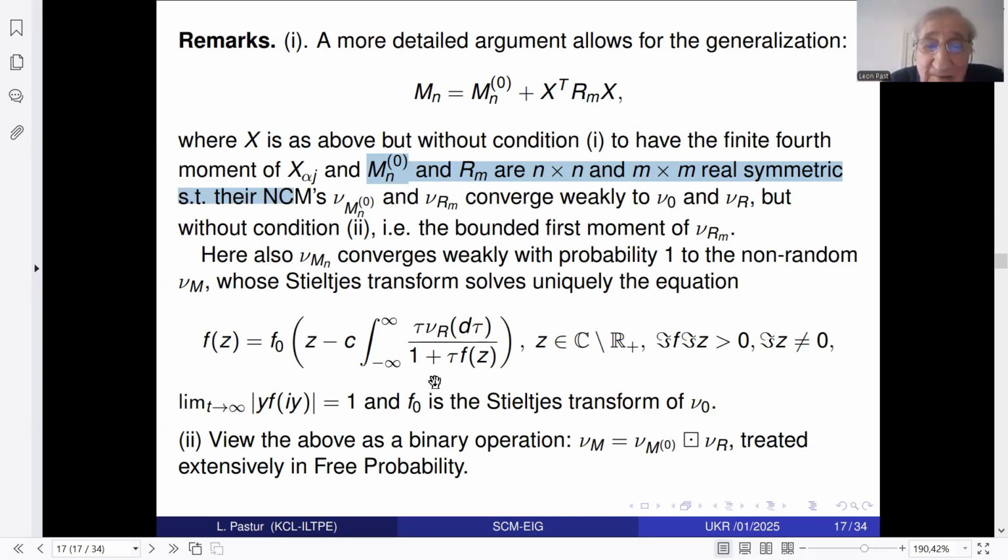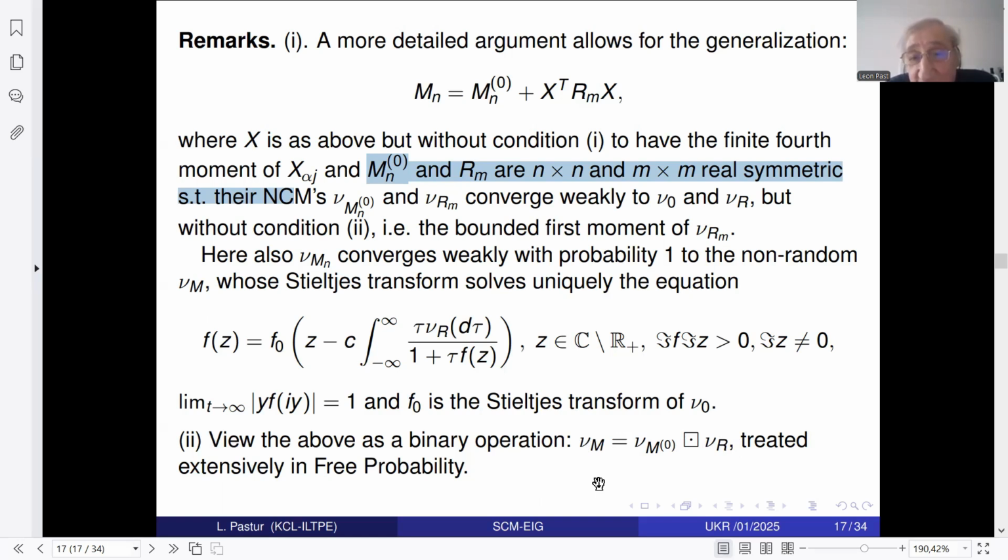You have this equation: you know nu R and M naught, and knowing M naught you write its Stieltjes transform, and this equation determines the new Stieltjes transform and the measure nu M. So you have a roughly binary operation: you have the measures M naught and R, and an operation which I denote in this funny way, giving a new measure.